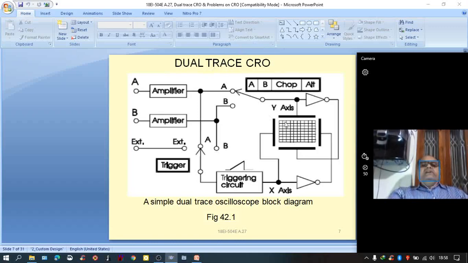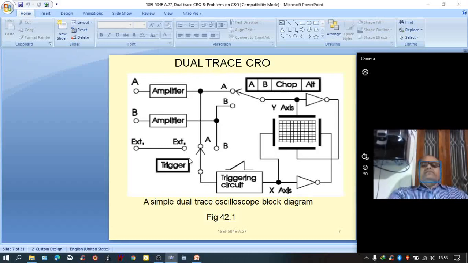Apart from all these combinations, the CRO has the provision to provide external trigger also. In that case, the trigger control switch would be connected to this external position.